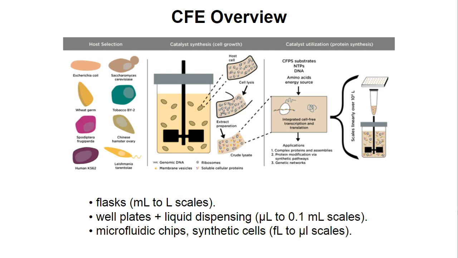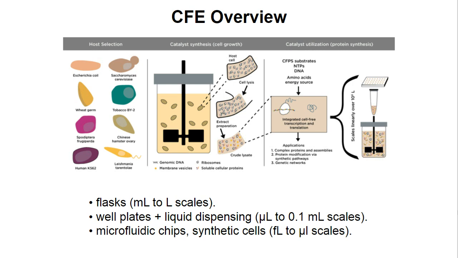Typically, we use E. coli to prepare a cell-free gene expression system, but other types of cells can also be used. The E. coli cells are grown in relatively large flasks, from which a lysate is prepared by breaking the cells and extracting the cytoplasm that contains the molecular components for transcription and translation.